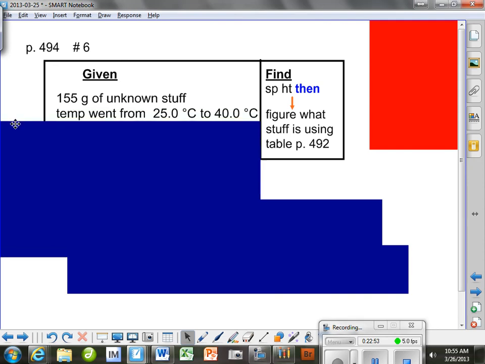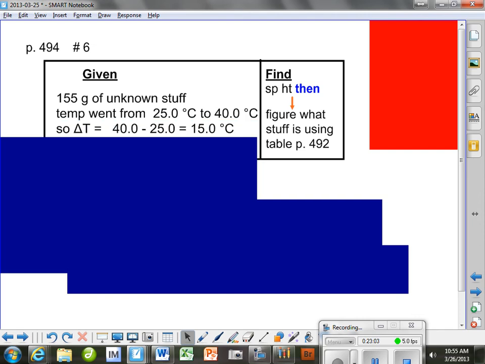Okay, 25. And it went up to 40. So that's our temperature change, isn't it? We would call that a delta T. Just like we did with the temperatures in the gas laws, we're going to calculate that right here as part of our given. Okay, and what else?